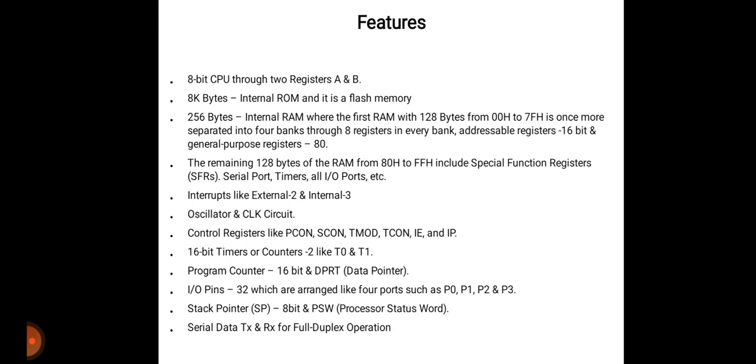Also an oscillator and clock circuit are there. Then control registers like PCON, SCON, TMOD, TCON, IE and IP. Then timers and counters, that is 16-bit timers and 2 counters like T0 and T1. Again program memory is provided, that is 16-bit, and DPTR, that is data pointer.